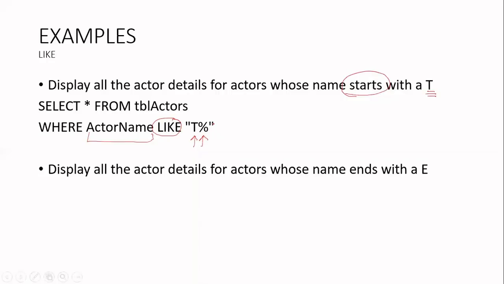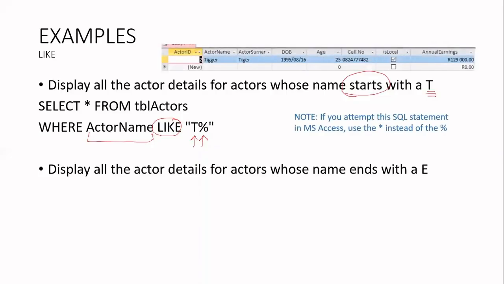And if we run that particular one, it would give us Tigger, because that is the only actor starting with T. And if you recall from my previous note as well, if you are running this particular SQL statement in Microsoft Access, make sure you use the star and not the percentage sign. The assumption here is that these SQLs are going to be running in Delphi.